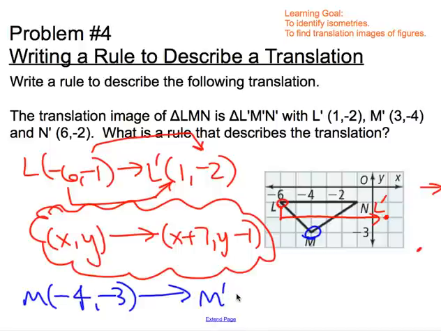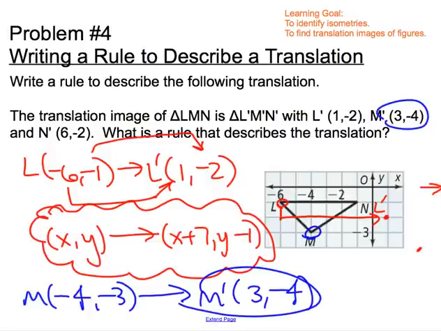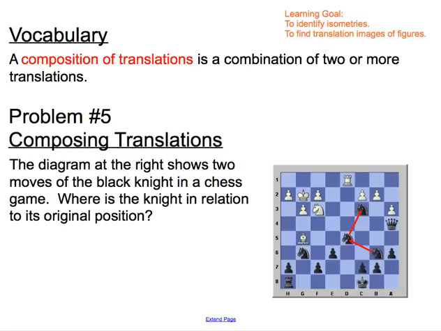Adding 7 to negative 4 would give us 3. And if we take the negative 3 and subtract 1 from that, we'd get negative 4. And so if you compare this to what we got from our rule, you can see that the rule is in fact correct. So sometimes we do more than one thing at once. So a composition of translations is a combination of 2 or more translations.